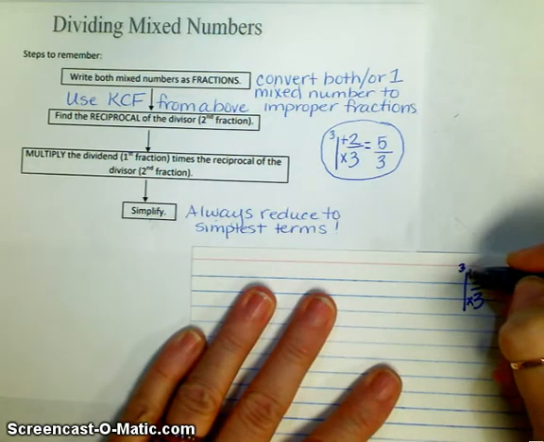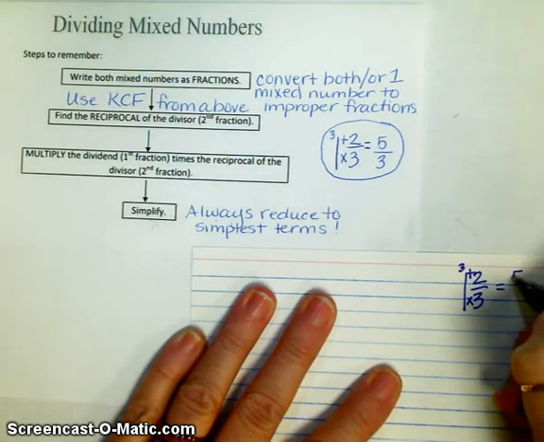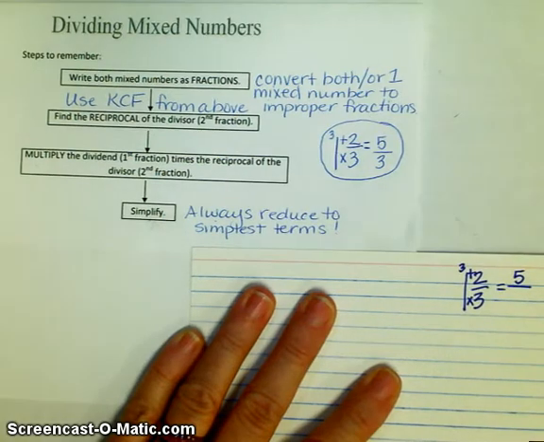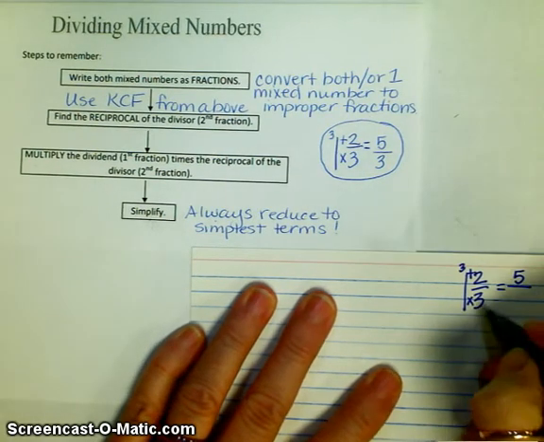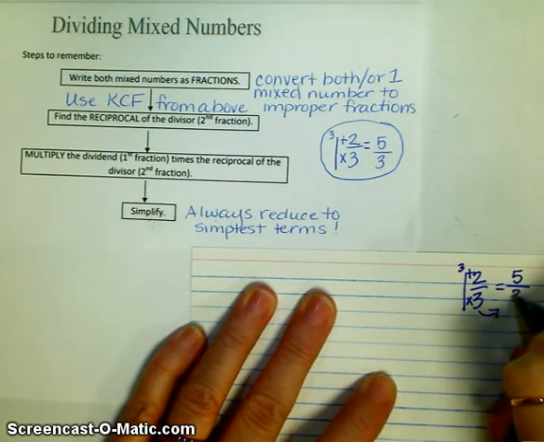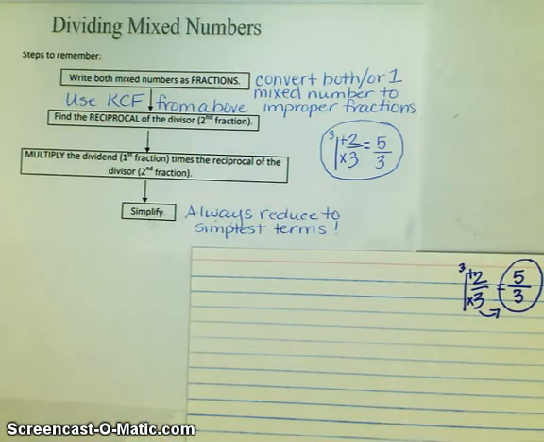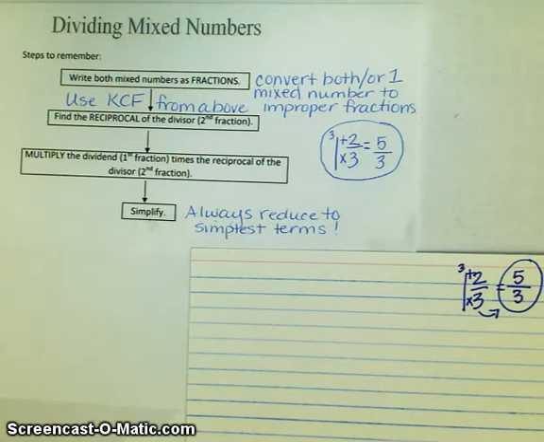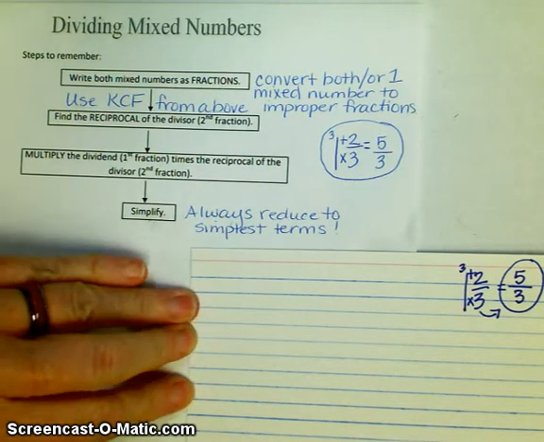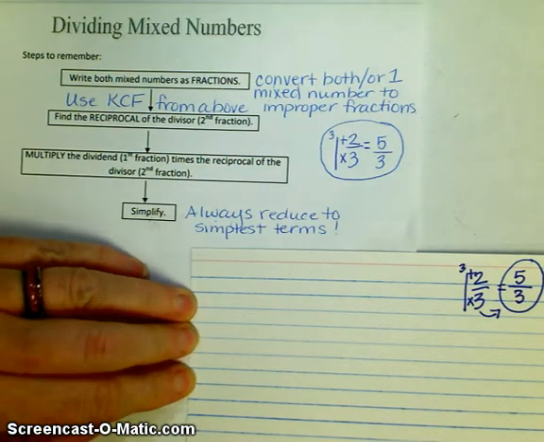From there, we add our numerator together, and our top numerator is 5, and our constant stays the same, and that becomes 3. So our improper fraction that we've created from that mixed number is 5/3. But for right now, I want us to look at a mixed number problem.